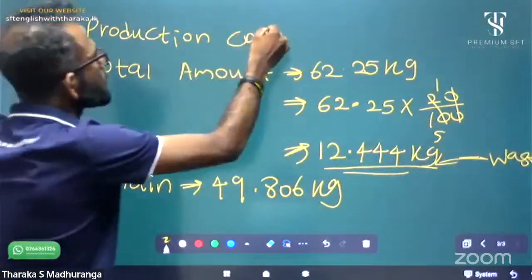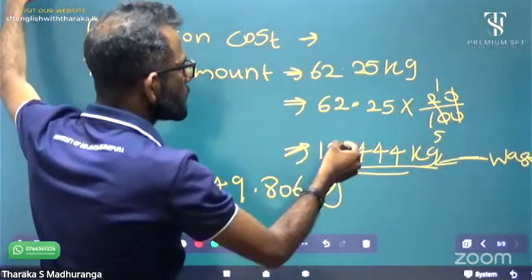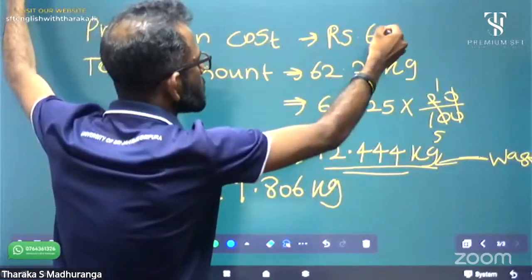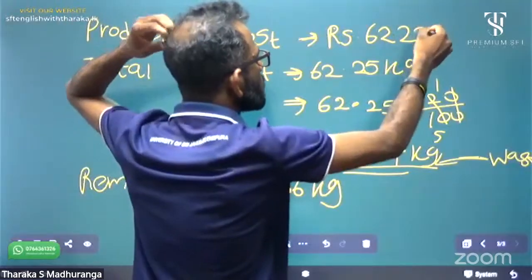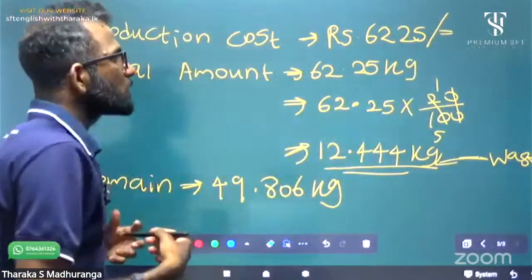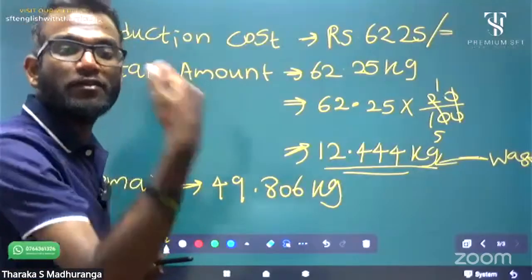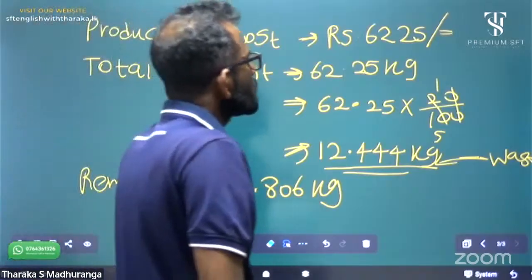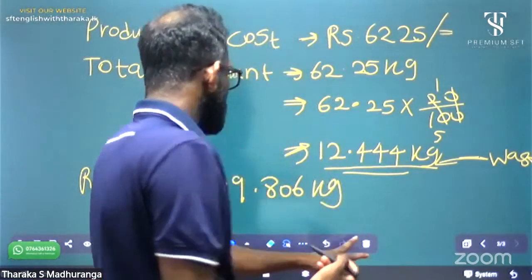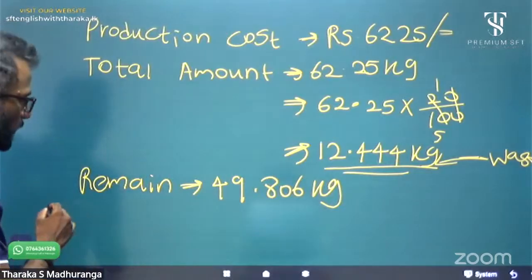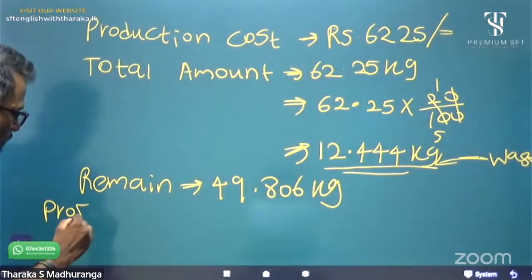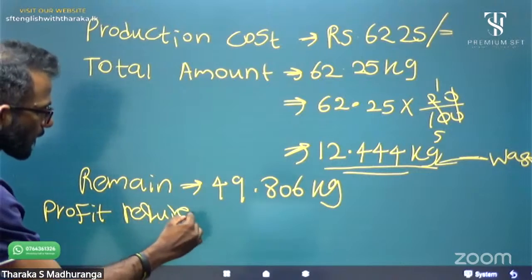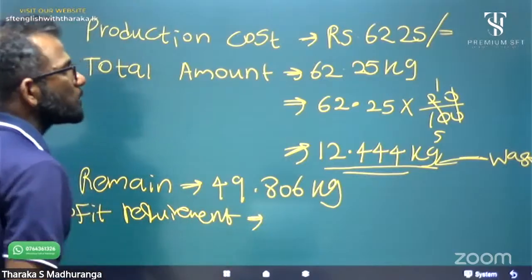The production cost was 62.25 multiplied by 100 rupees. 6,225 is the production cost. If you need 50% profit, you have to get at least the profit requirement.